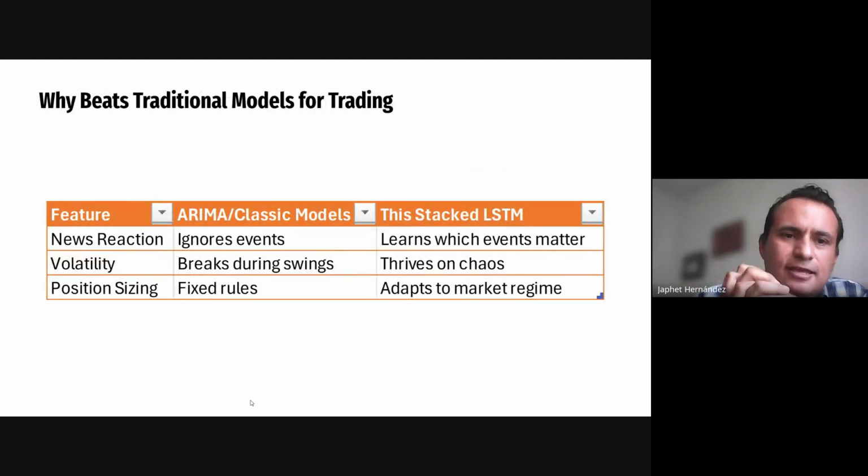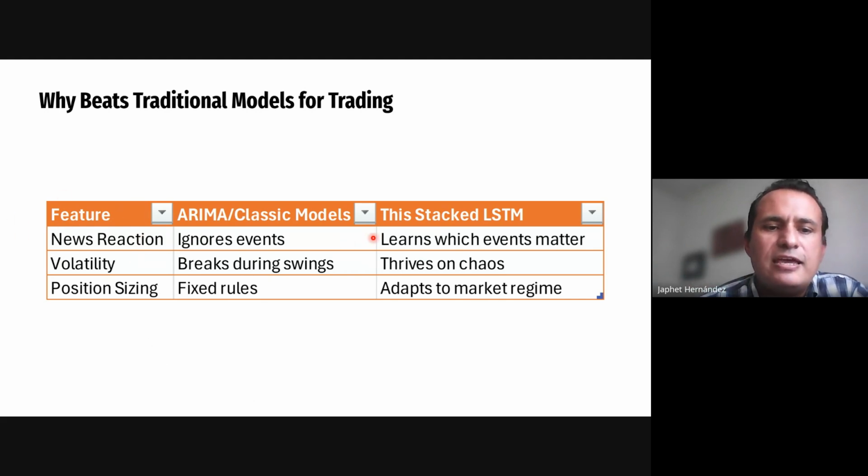So why does LSTM beat traditional models for trading? At news reactions, the classic ARIMA model ignores events, while the stacked LSTM that I developed learns which events matter.